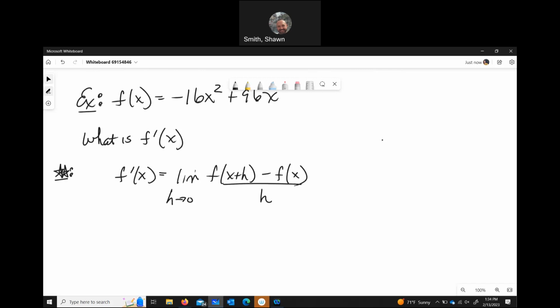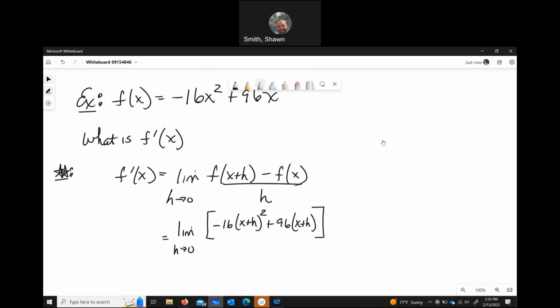You may have seen this before, even in college algebra. It's called the difference quotient. You just have not taken the limit. But all we do is evaluate x plus h into the function. So I'm going to use some brackets just to distinguish it. So negative 16 times x plus h, squared, plus 96 times x plus h.